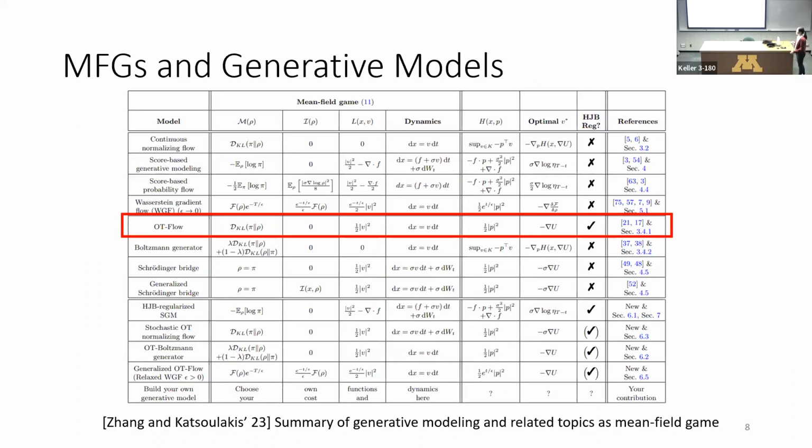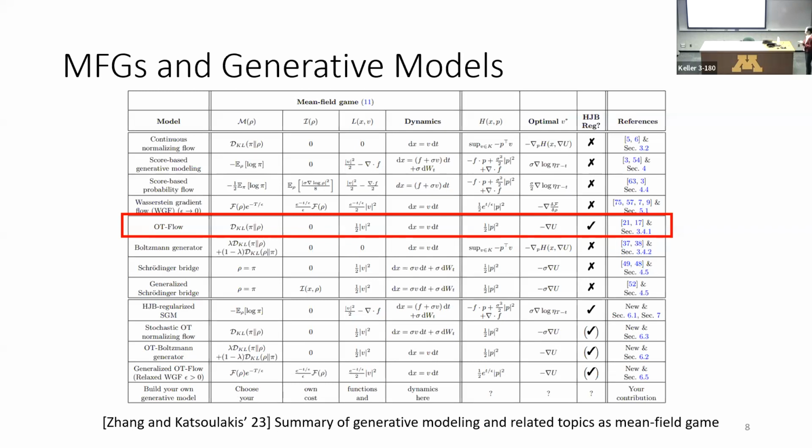Another thing that is popular today is the generative model. You basically want to start from one distribution and go to a data distribution. Recently there is a paper studying the relation between some popular generative models and mean-field games, giving them an interpretation.